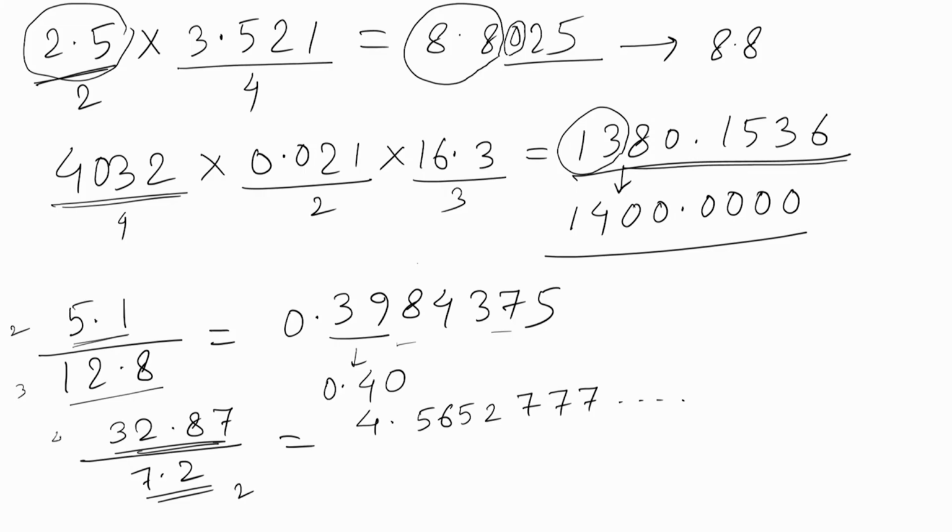This number has four significant figures, right? So the answer should have two significant figures. So we will take these two and we will remove the rest. So since 6 is greater than 5, the answer will be 4.6. So these were the mathematical operations using significant figures.